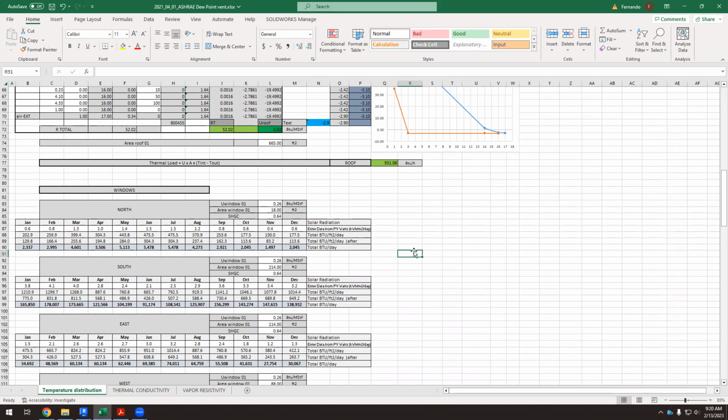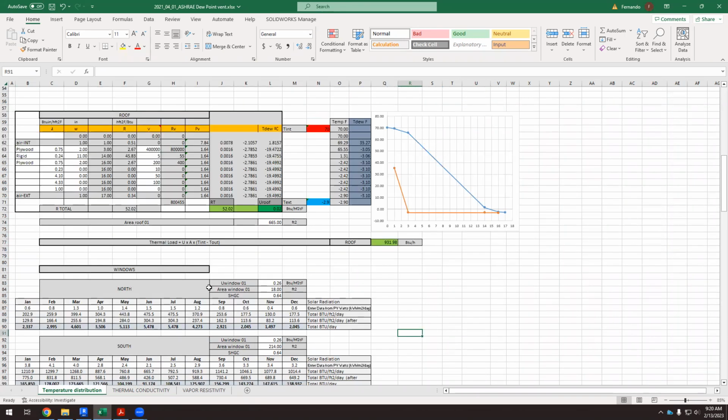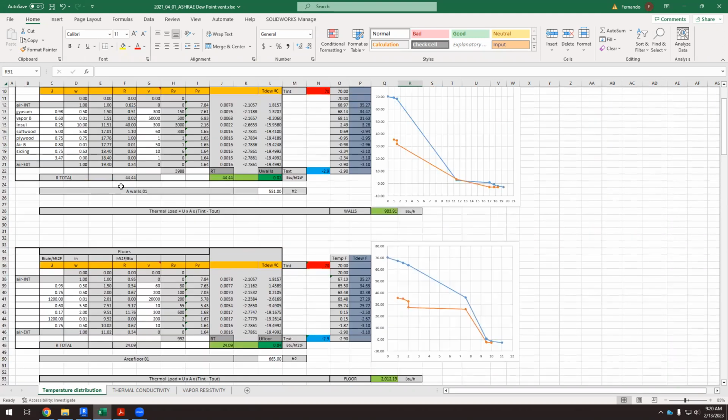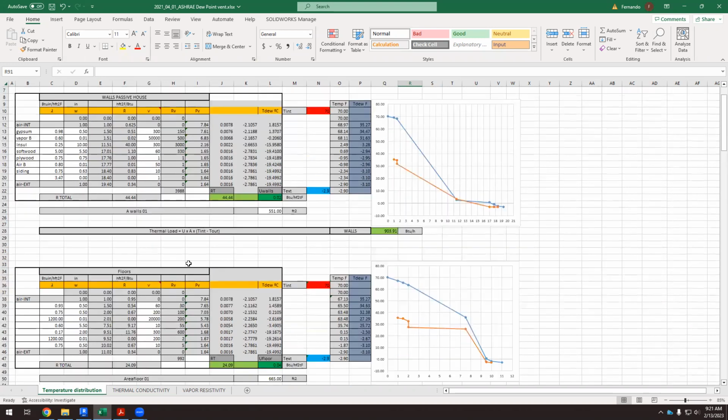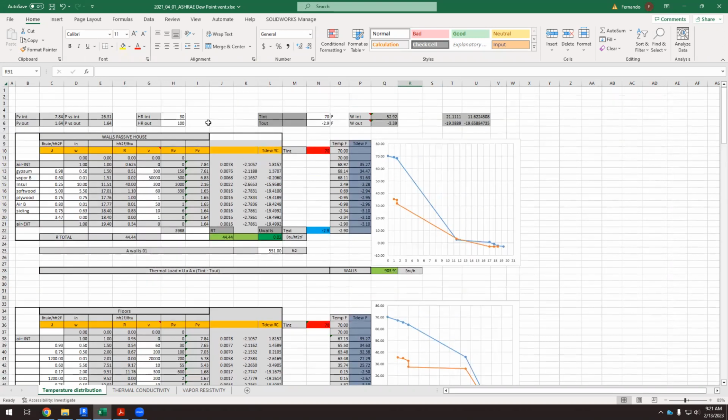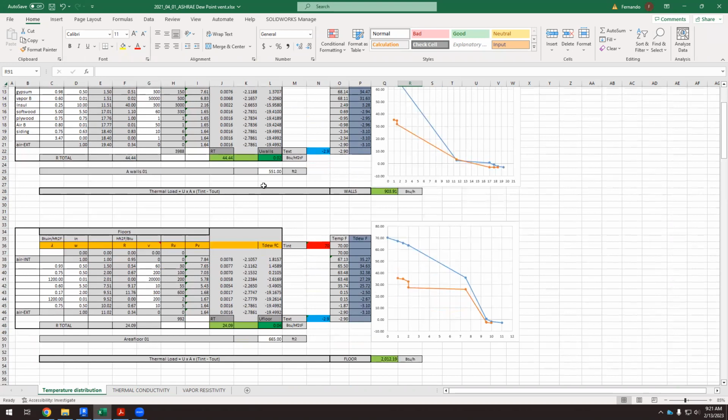But what I'm trying to do is to understand what Revit is doing. So now I think I understand what Revit is doing, because I typed the same R values for walls, floors, and roofs. I have the same outdoor conditions. I have the same areas for walls, roofs, windows.